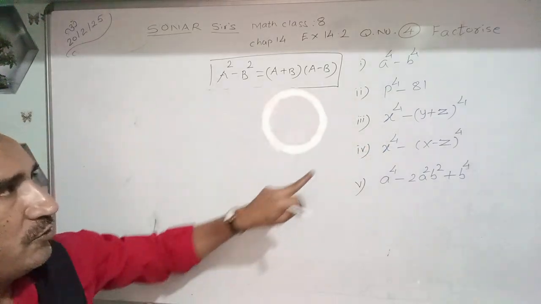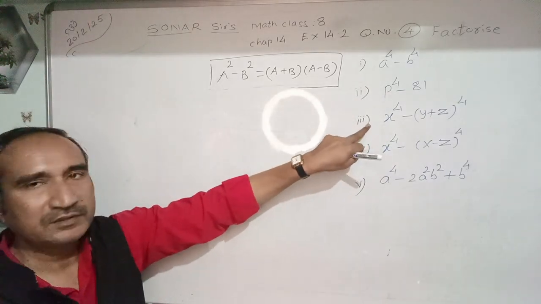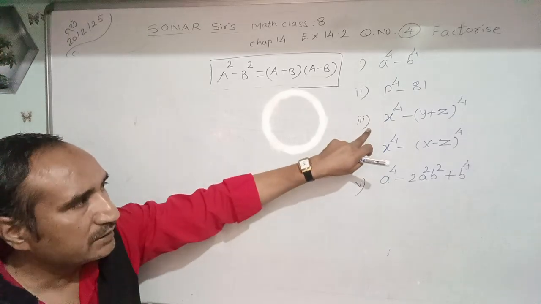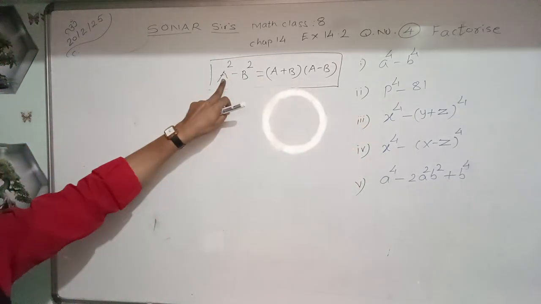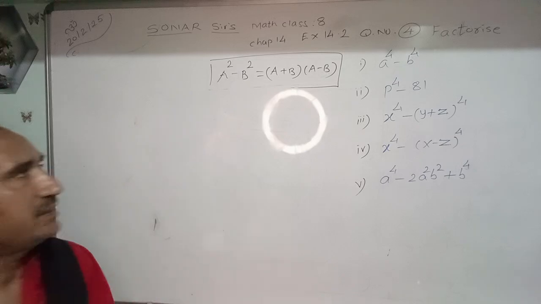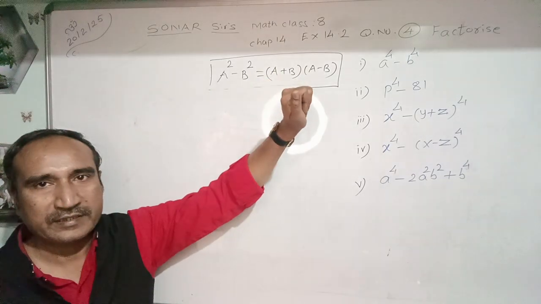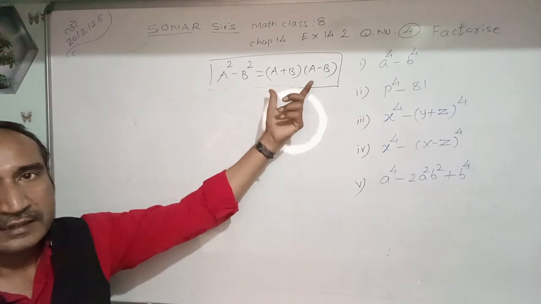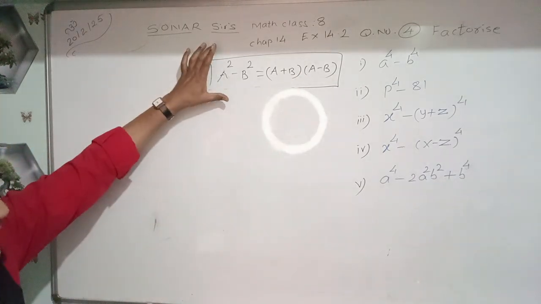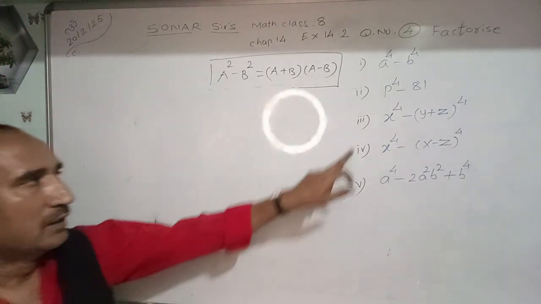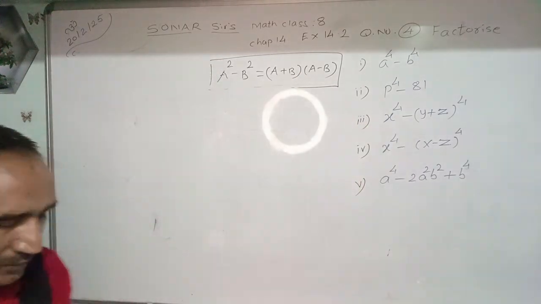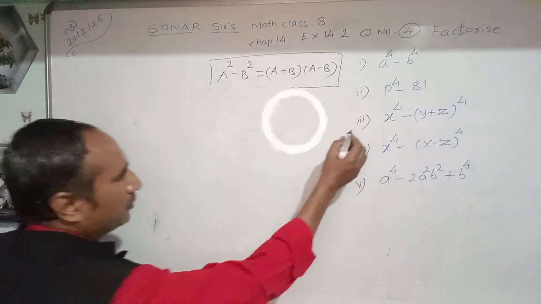Now let's move to sub question number 3 with the identity a square minus b square. Here (a plus b)(a minus b) is the right hand side of the identity. Let's solve question number 3.